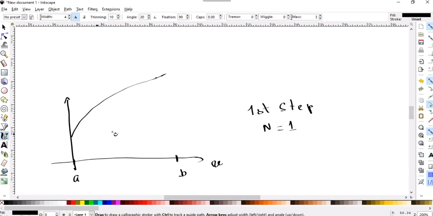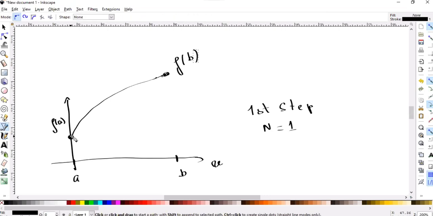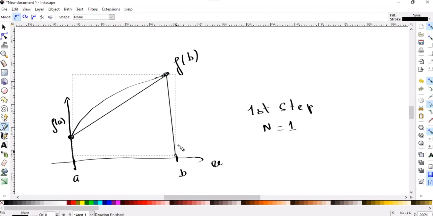For the rectangle left corner, I had this rectangle here. Now, in this case, I have the trapezoid, with f of A and f of B, and so this trapezoid here.